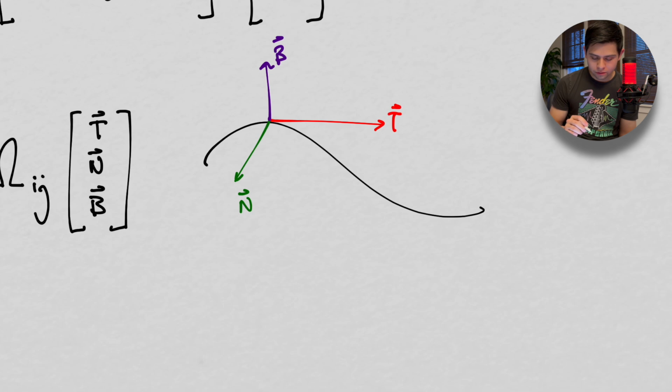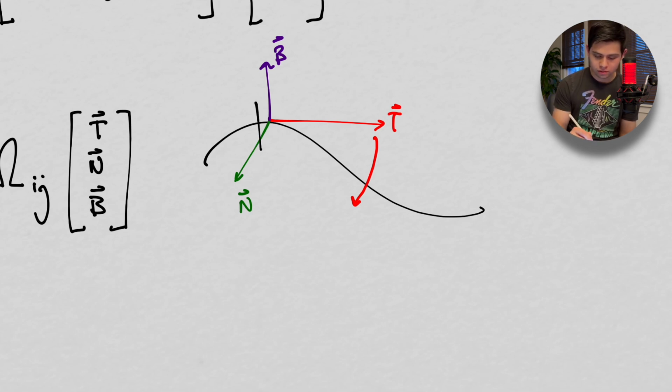Okay, well, if T rotates downwards, then something's going to happen to the N vector, right? So the N vector will move in, say, this direction. Again, I'm not really drawing this out very well.